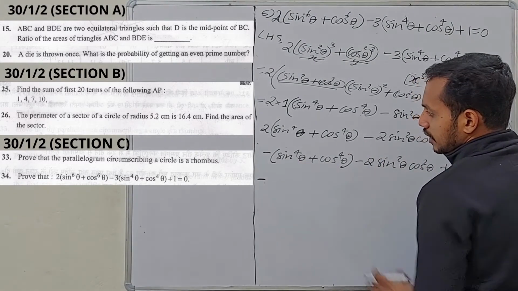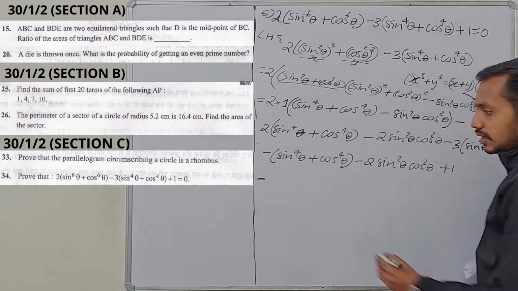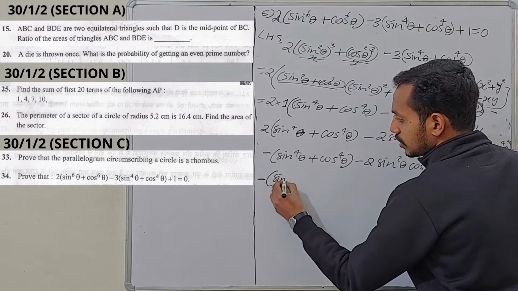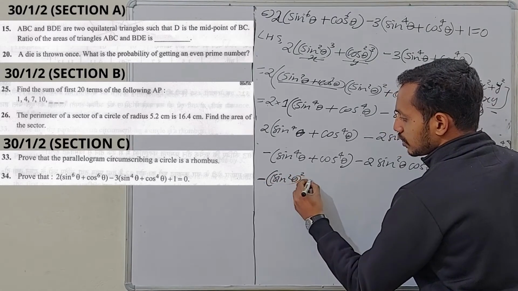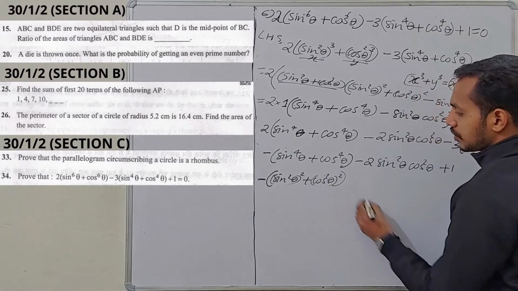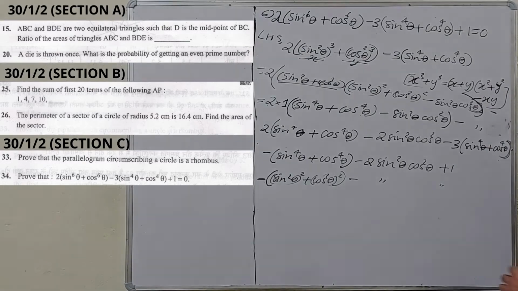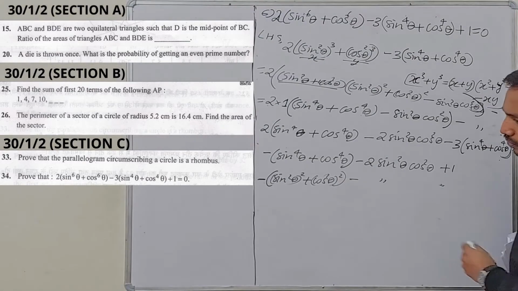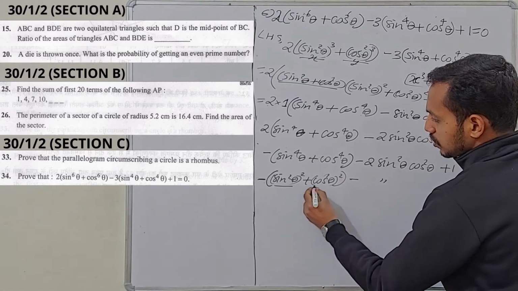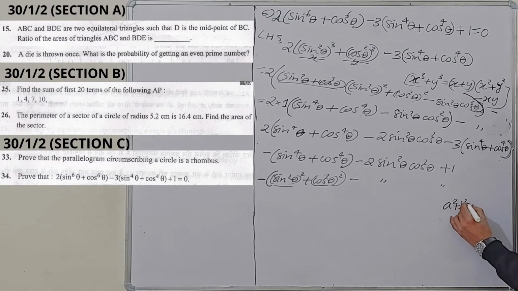Here, we can write it as sine square theta whole square plus cos square theta whole square minus dash. Okay, same terms. Then here a square plus b square we can write as a plus b whole square minus 2ab.